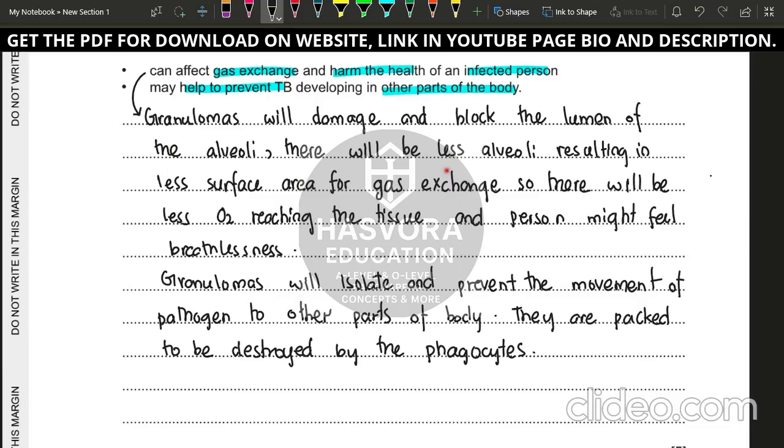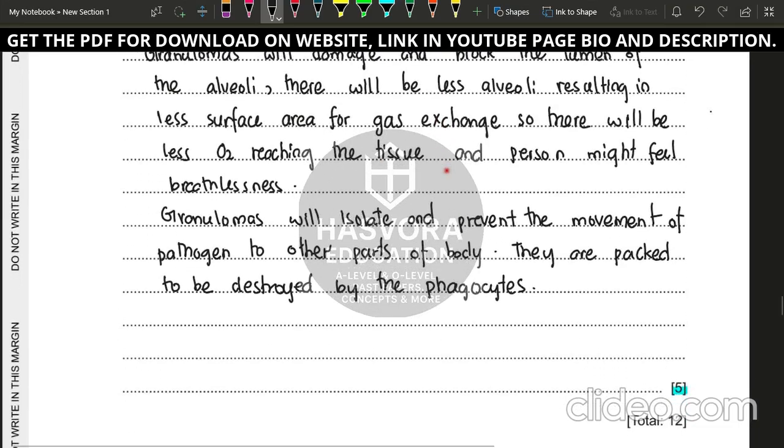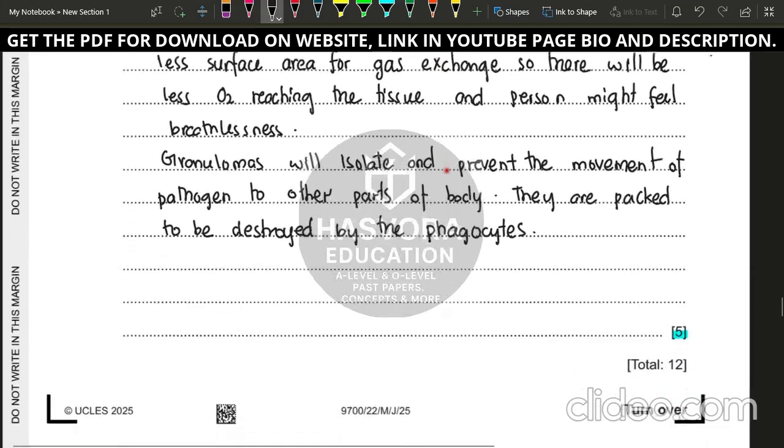Then the fourth point is that it will isolate and prevent the movement of the pathogen, and the fifth point is that it will get destroyed by the phagocytes, that it will be recognized by the antibodies, or you can say the white blood cells. So we have stated all of the points, and this is how the question was going to be done. Let's move on to the next question.